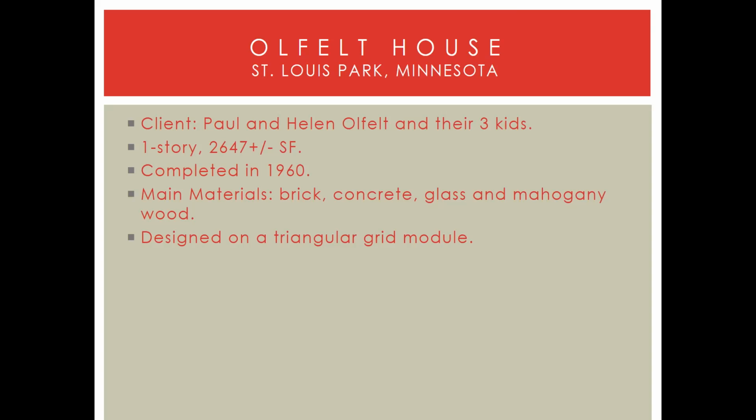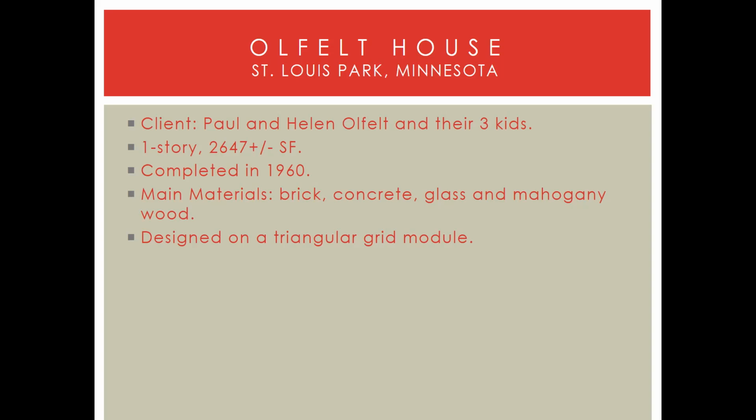It's a 1-story house of about 2,647 square feet. That's a fairly sizable house for Mr. Wright, a little bigger than some of the other, smaller typical Usonians. The Usonian house was designed for the common man, the common family, and was supposed to be of moderate cost, so they were typically smaller, again, to try to save money. This house was completed in 1960, a year after Mr. Wright died.